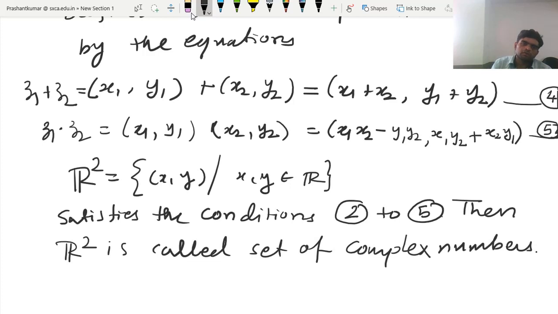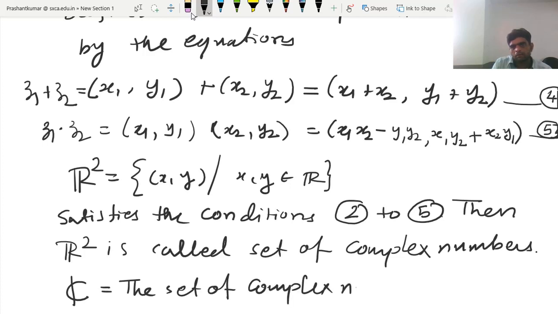The elements of R square having these conditions 2 to 5 are called complex numbers, and it is denoted by C. So we denote C as the set of all complex numbers.